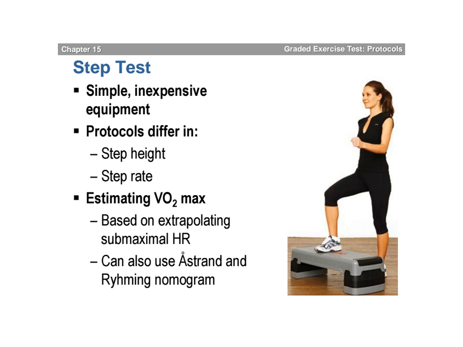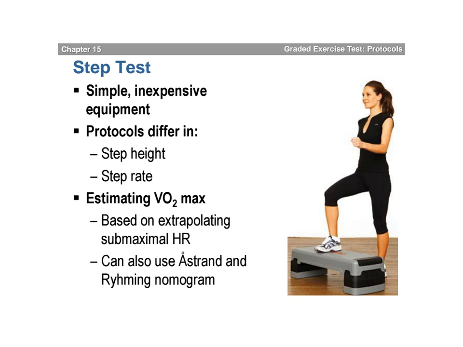Another really good way to measure a person's VO2 max is using a step test. Step tests have a lot of advantages. They're simple, they're inexpensive. You can vary the protocols by varying the step height and the step rate. And you can estimate VO2 max based on extrapolating the submaximal heart rate, just as we could with the treadmill or with the cycle ergometer.